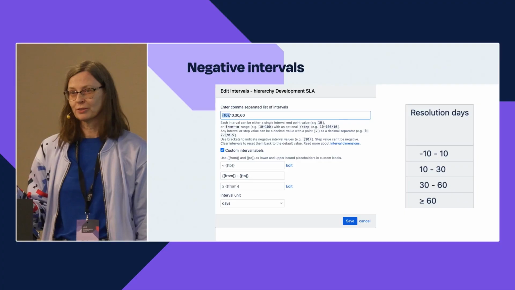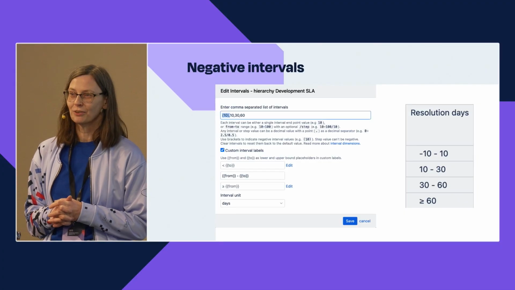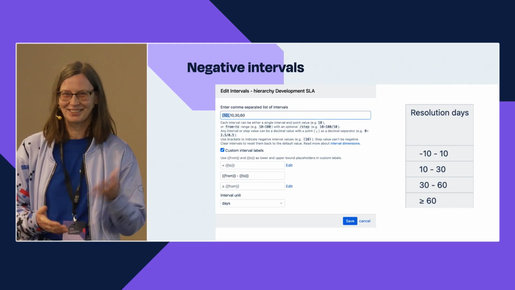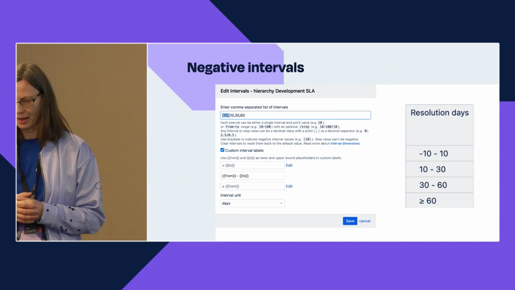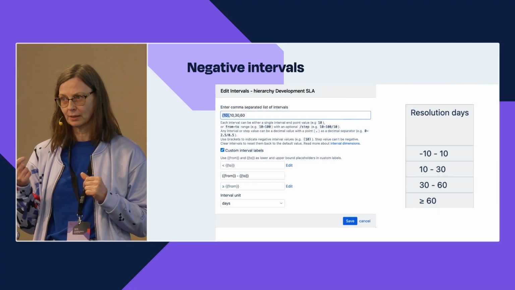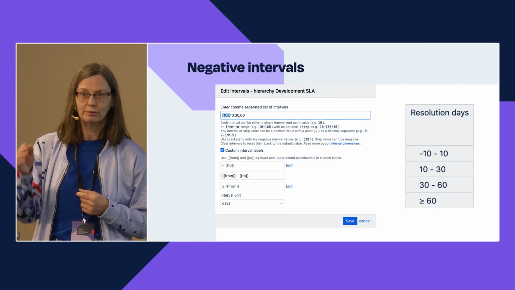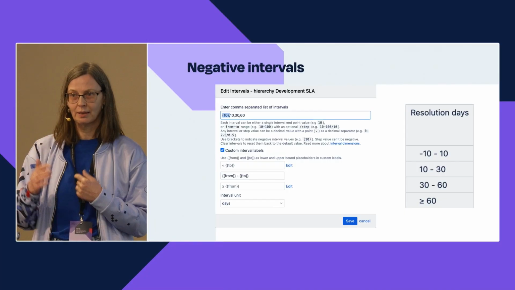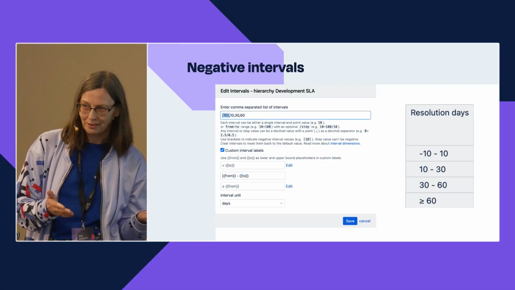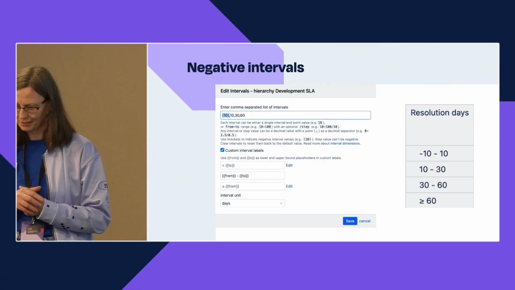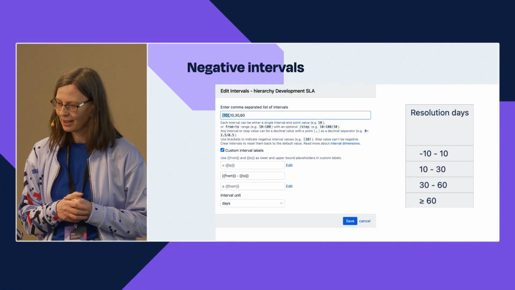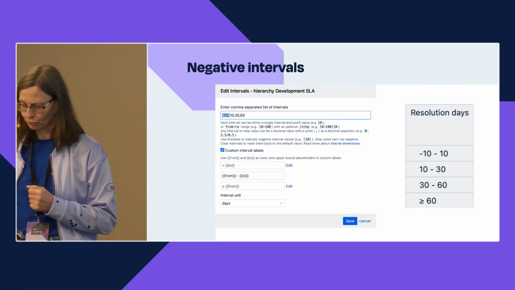Another thing, a small thing: I presented this to a support team, and they said, what about negative intervals? So I added this as well. I put negative intervals in brackets, not with the dot, because there is already some processing for interval setup when you're using the dash, not the dot, and therefore I suggest brackets.